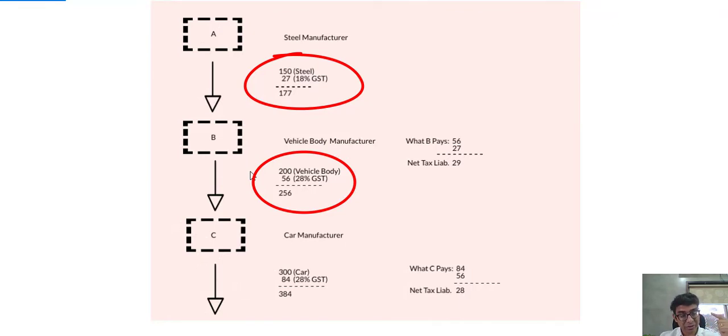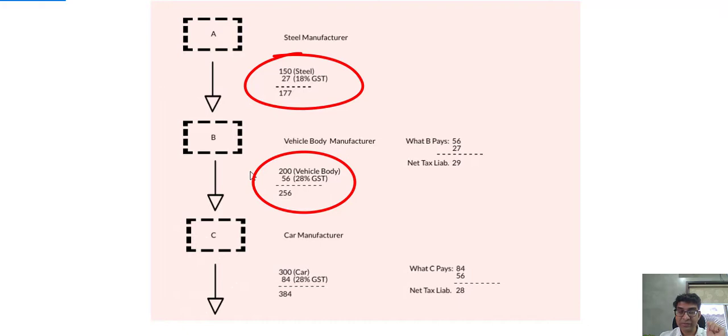And in addition to 200 rupees, I will have to charge you tax of 56 rupees because, just like the pencil, there is tax that has to be paid. So I will have to charge you a total amount of 256 rupees.